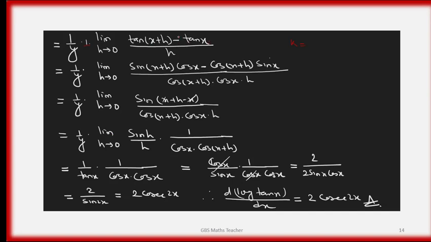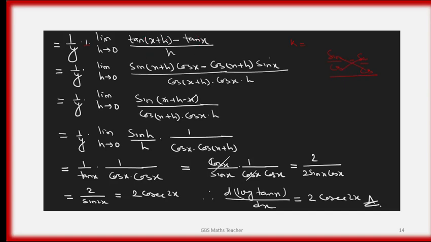The value of k is tan of x plus h minus tan x over h. Now 1 by y times the limit h tends to 0, tan is sine by cos minus sine by cos, then cos will be in the denominator, sine x by cos x.